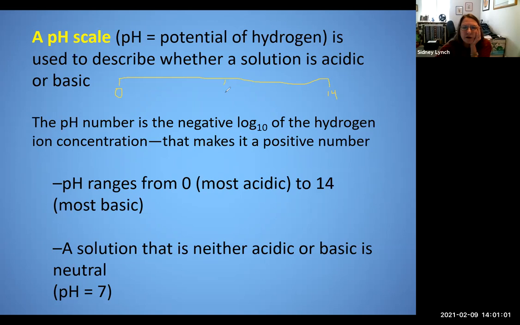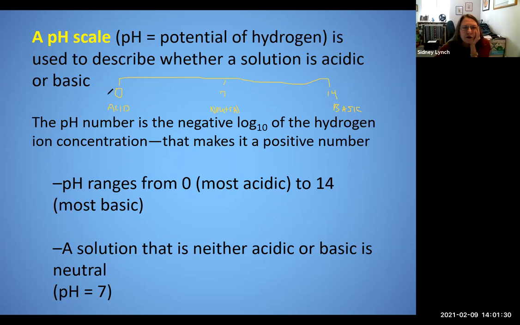So in the middle you have 7, and 7 is neutral. 14 is basic, very basic, maximum basic. 0, I mean, it doesn't actually go all the way to 0, but you know, 0.00001 or something, acidic.